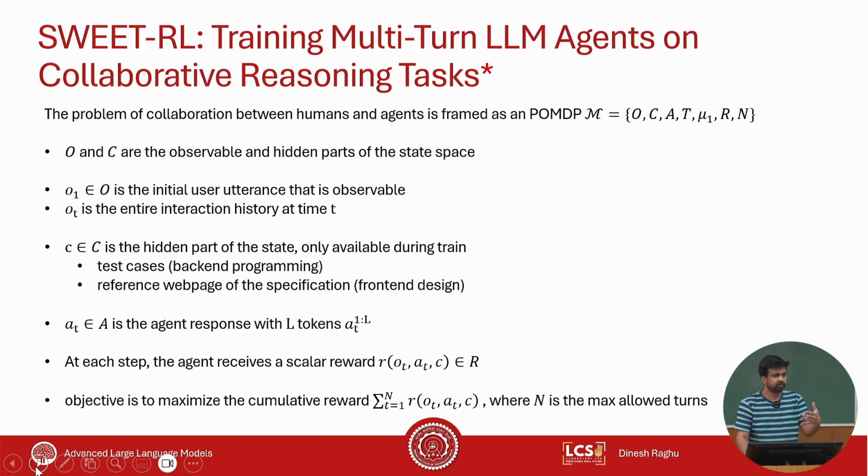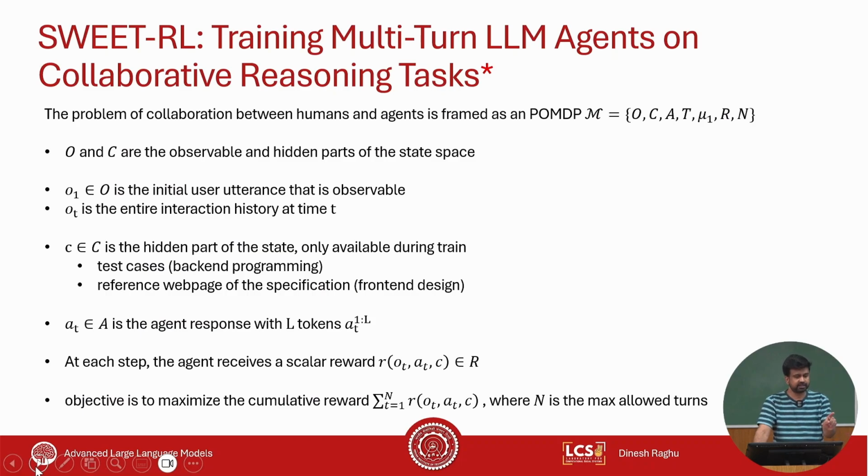The part that is visible to the agent is called the observable part of the state space, which is whatever the user says in natural language, and the program and the image they have in mind are hidden from the agent. The agent doesn't know, but it is there in the environment. So those are the O and C. O is the observable part of the state space, and C is the state space that is hidden.